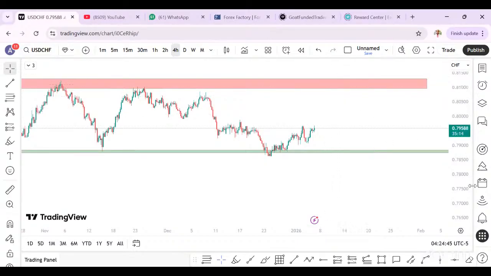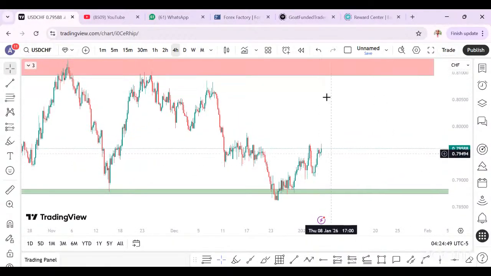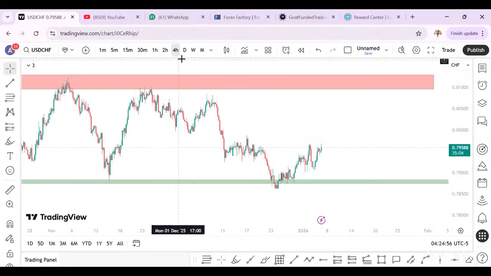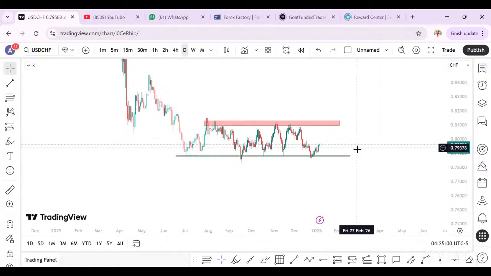So if you want to trade this, I will advise you continue for a buy opportunity on this until price trades. But for me, I am not interested in USD/CHF because it's ranging. I always advise people to stay away from a ranging market. I want to see a clear direction before I take any trade.